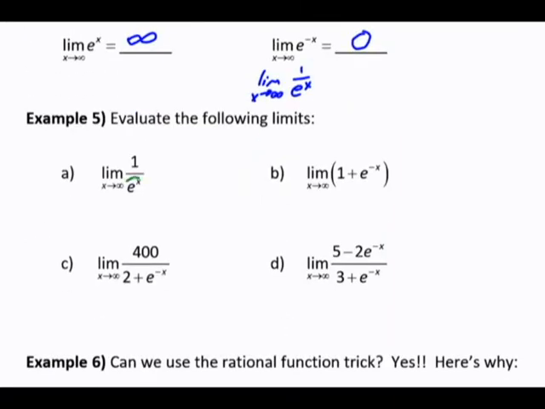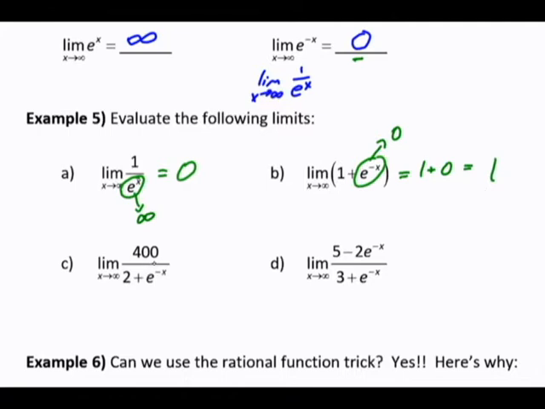e to the x is going to be getting extremely large. It's headed toward infinity. So the limit of 1 over something very, very large is just going to be 0. Similarly, we know that if x is getting very, very large, this term is going to become insignificant. So this is just going to be 1 plus 0, effectively, or 1.